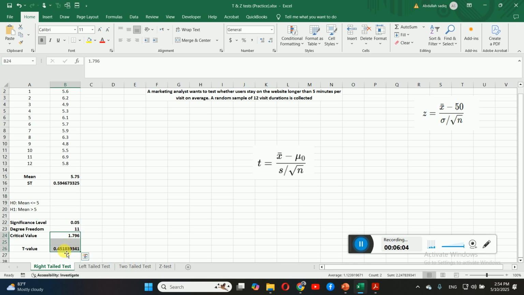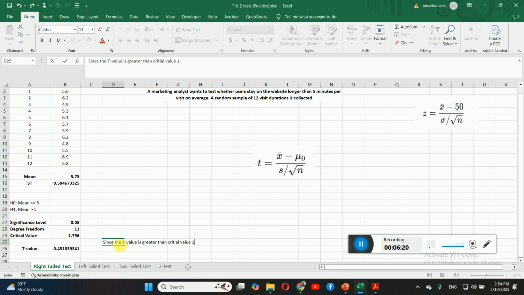Keep in mind, whenever the t value is greater than the critical value, you can say, since the t value, which is 0.4518, is greater than the critical value, which in our situation here is 1.796, then we reject the null hypothesis.